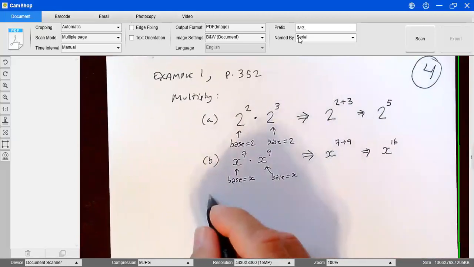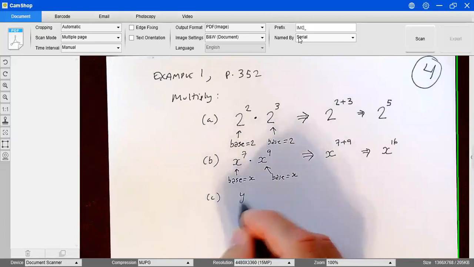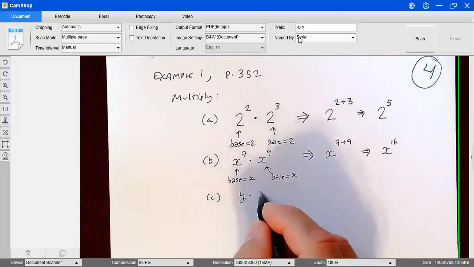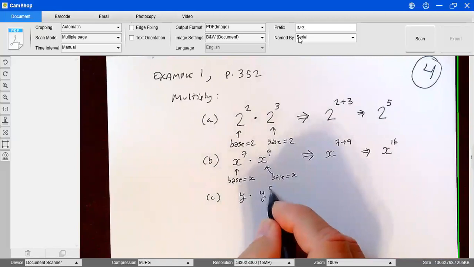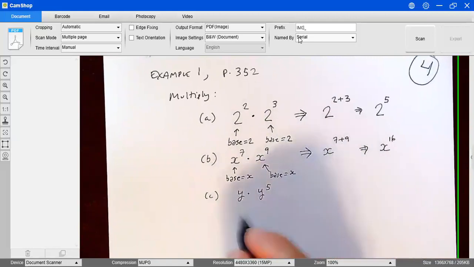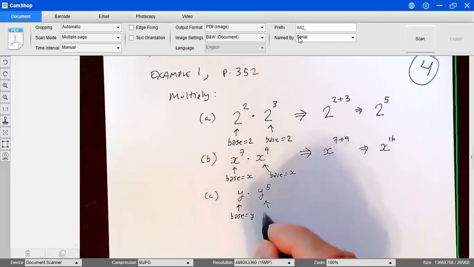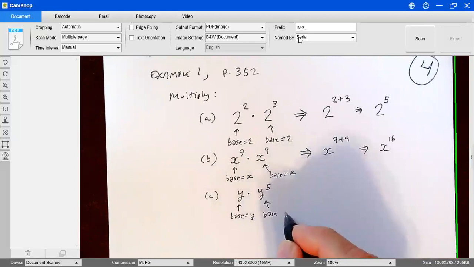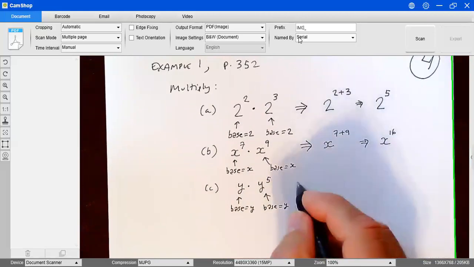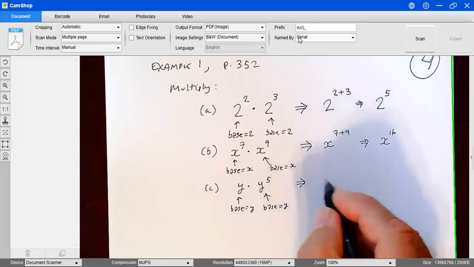One more case. We have y that multiplies y to the 5th. So what is the base here? The base is y. What is the base in this other case? The base is y, so the base is the same. We can multiply those two different powers of y.